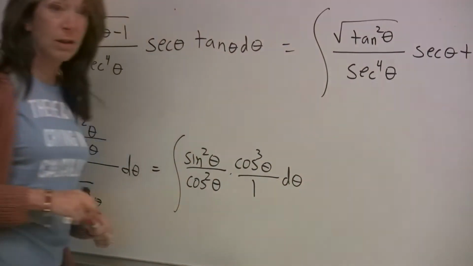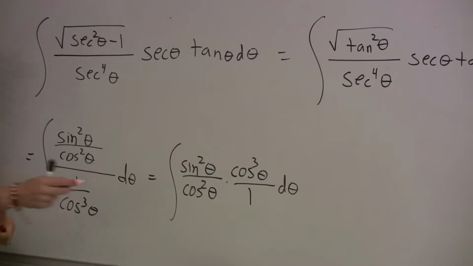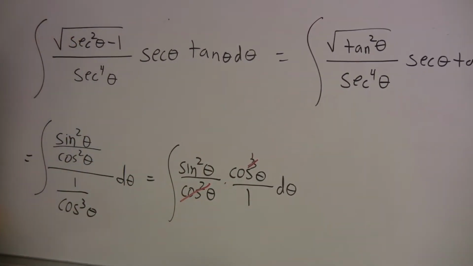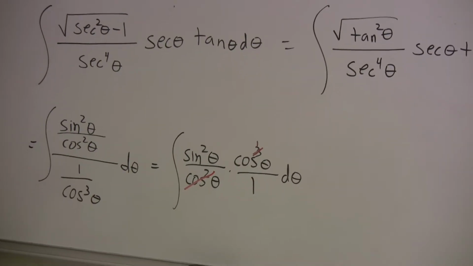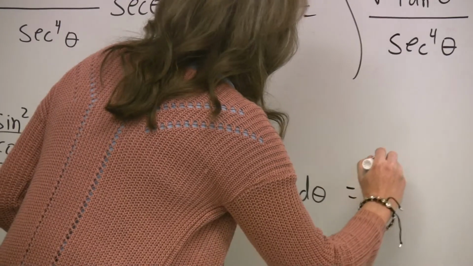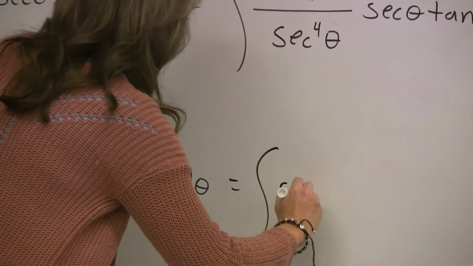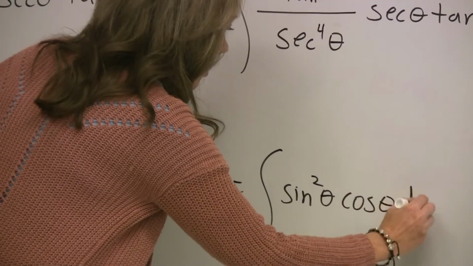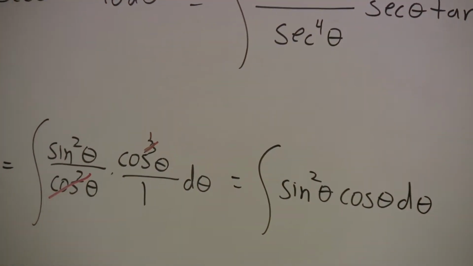You see those cosines are going to reduce? Yep. All of these are gone, and this is gone. I only have 1 cosine left. So I now have the integral of sine squared theta times cosine theta d theta.